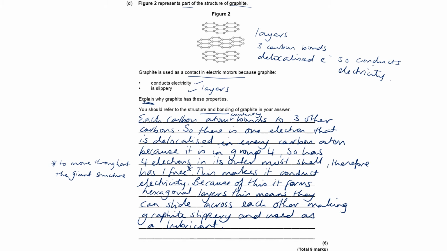So it has 4 electrons in its outermost shell, therefore has 1 free electron to move throughout the giant structure. This makes it conduct electricity. Because of this, it forms hexagonal layers, and this means they can slide across each other, making graphite slippery and used as a lubricant. So I've given the reason why it has layers, I've given the reason why it conducts electricity, and therefore I think I've answered the question.